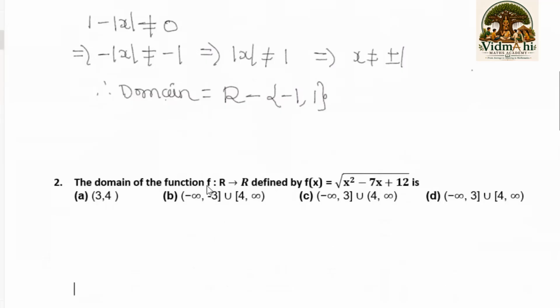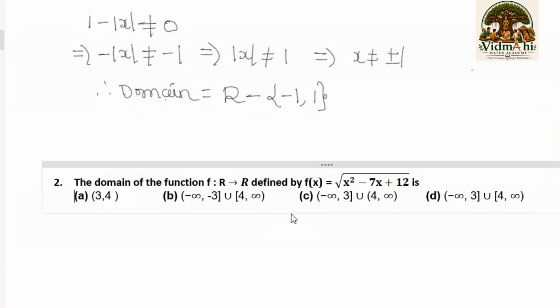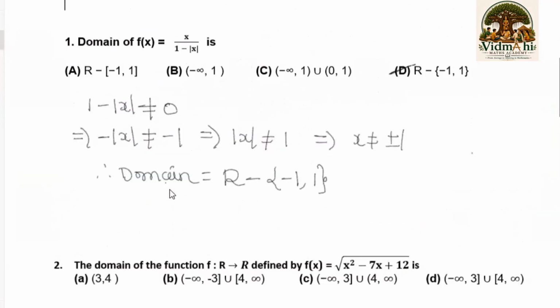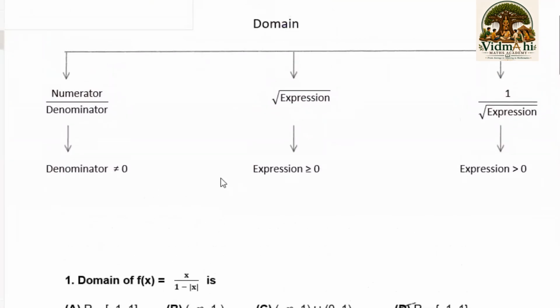Next, second one: the domain of the function f from R to R defined by f of x is equal to square root of x square minus 7x plus 12 is, and these are the four options. Now this question is based on the second rule of the domain. Second rule: root of expression.